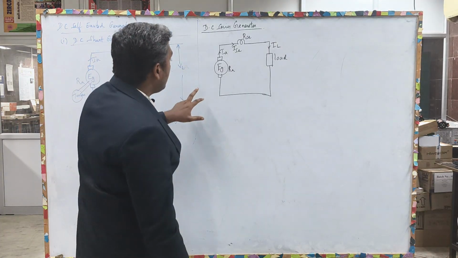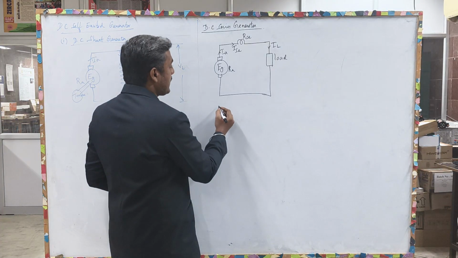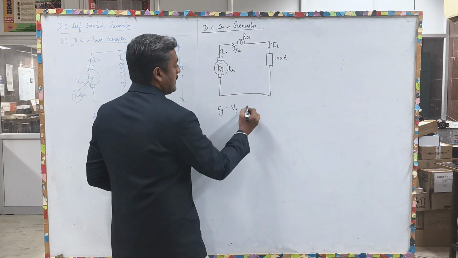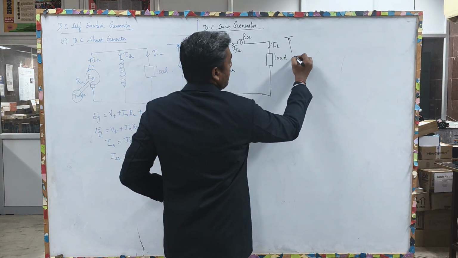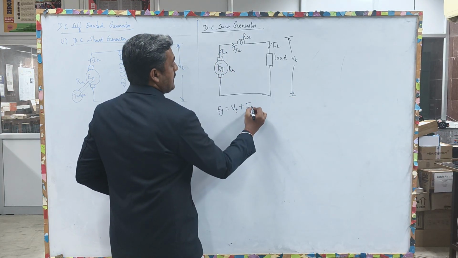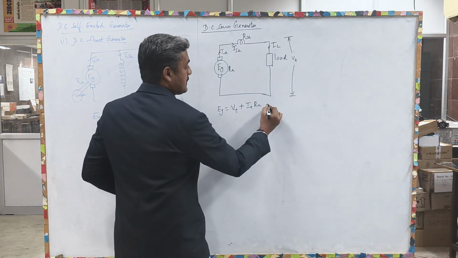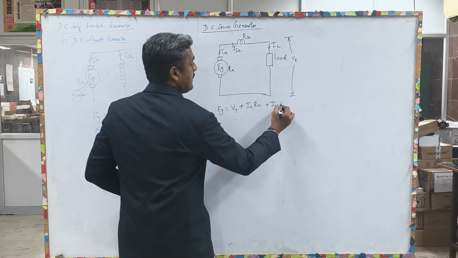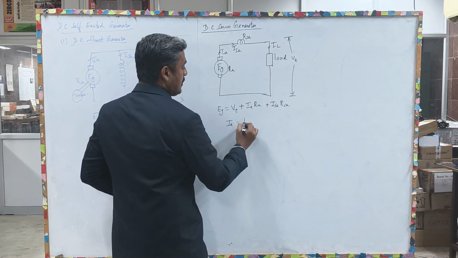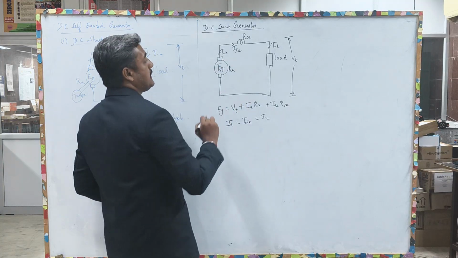Okay. Now for this circuit you can write the KVL equation, that is EG equal to VT, that is the terminal voltage, plus IA into RA plus ISE into RSE, where IA equal to ISE equal to IL, because all are in series.